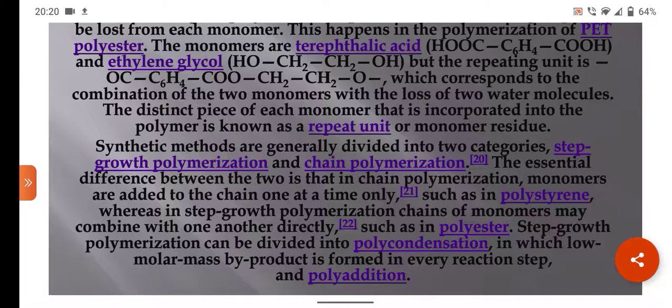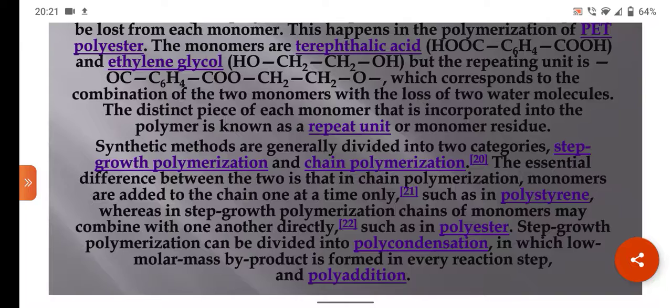Synthetic methods are generally divided into two categories: step growth polymerization and chain polymerization. The essential difference between the two is that in chain polymerization, monomers are added to the chain one at a time only, such as in polystyrene, whereas in step growth polymerization, chains of monomers may combine with one another directly, such as in polyester.